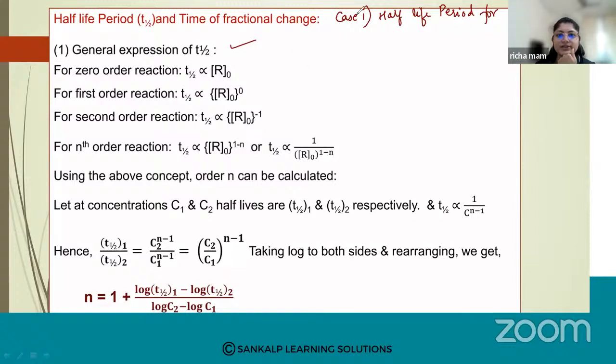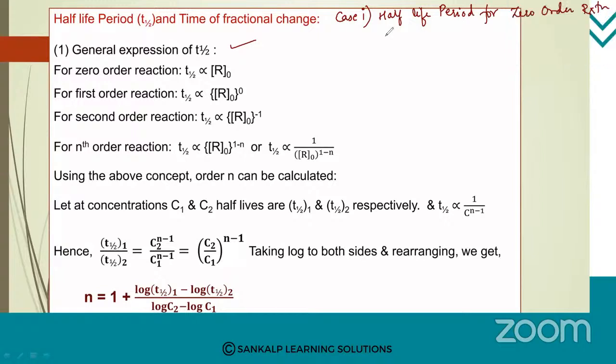What is the rate constant for zero order? K is equal to [R]₀ minus [R] by t.